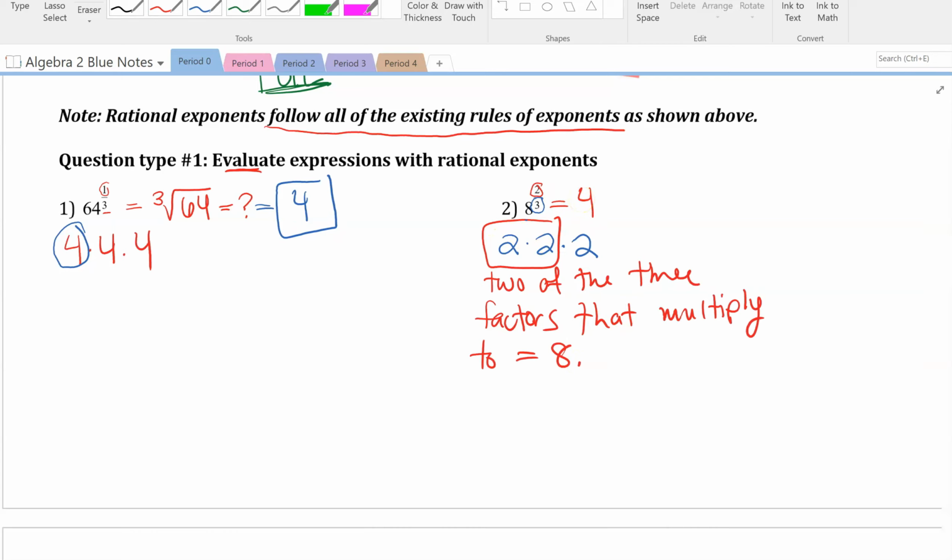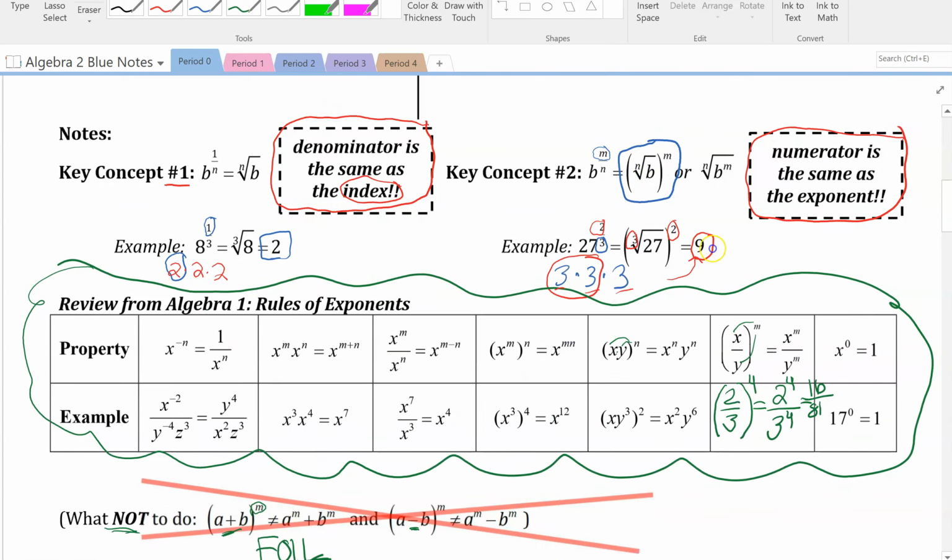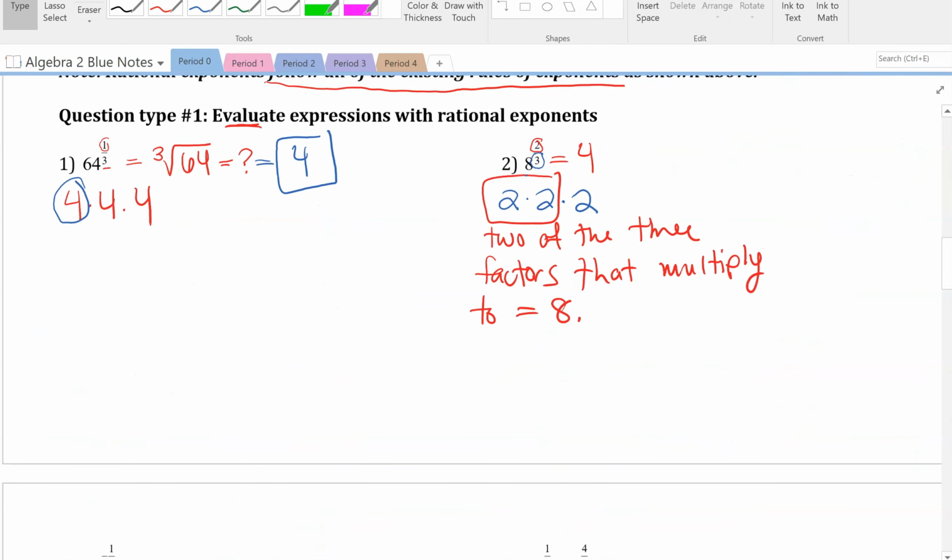The other way to think about that is using the key concept number 2, right? b to the m over n is equal to the nth root of b raised to the power of m. So I could think of this as the cube root of 8, because the denominator is the index, and that's 3, right? The cube root of 8 is 2.